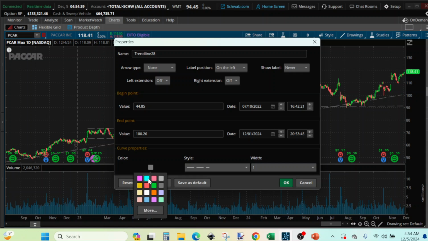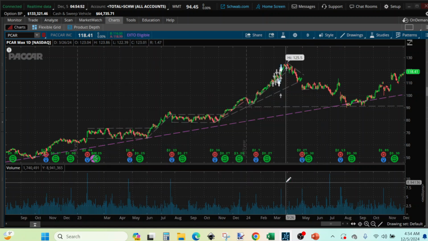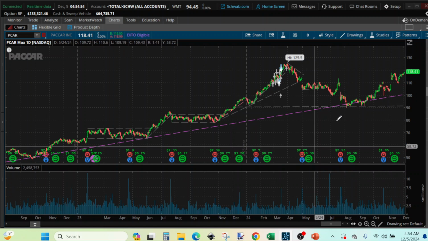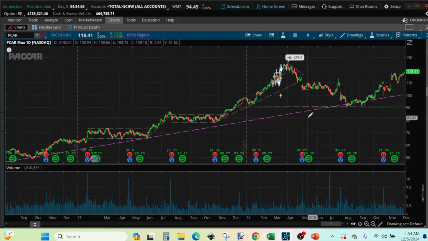I think this is quite bright though. I'm not sure. Okay, let's use this one and see how we feel about it. We are not selling it as a default, but that's just one way to show it if you are using thinkorswim. That's how you can color code your things.